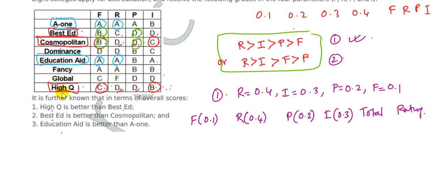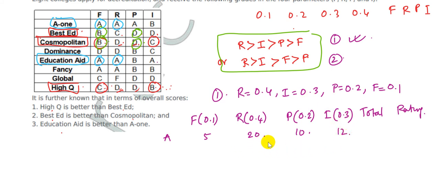So A, B, C, D, E, F, G, H. A will be 50 into 0.1, that is 5, 50 into R, which is 0.4, that is 20, then 50 into P, which is 0.2, that is 10, and 40 into 0.3 is 12.